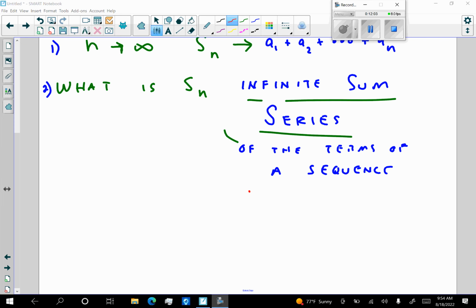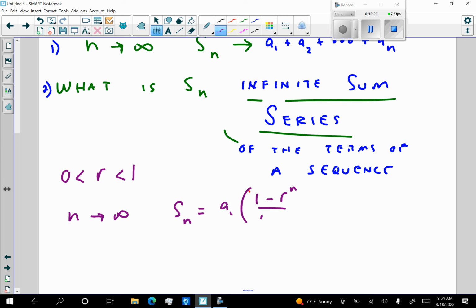Okay, since we were not able to answer this question, as n goes to infinity, keep in mind r is between 0 and 1, S sub n, which is the first term times 1 minus r to the n over 1 minus r, we were not able to answer where this goes as n goes to infinity.